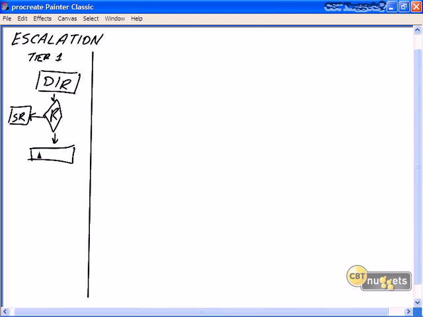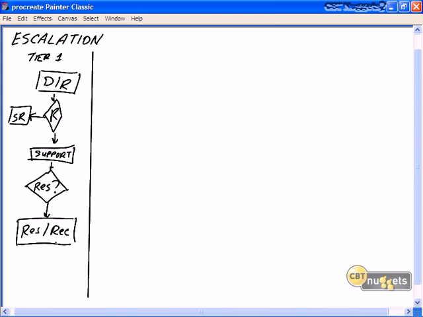I'll just jot in here support, and that's our service desk staff. Now the next question is, was that staff member able to resolve it? If the answer is yes, then we go to the next step, which is resolution recovery.